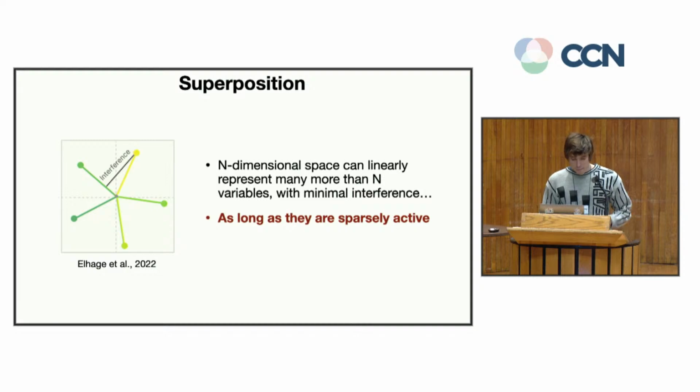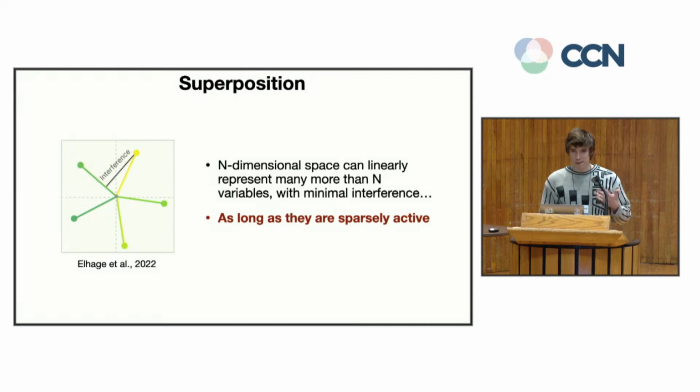If we imagine that they're sparsely active, like if only one of these variables is pushing along its axis at a time, it would be pretty easy to linearly decode which one it is. Whereas if all 5 were active and we summed them all up along these different vectors, it would be a mess. So sparsity allows you to pack a lot more information into a much smaller space.